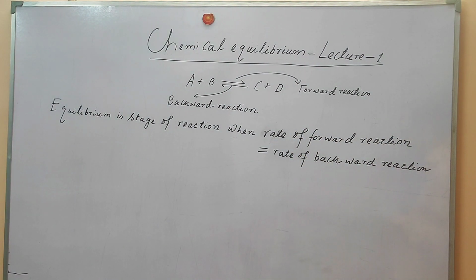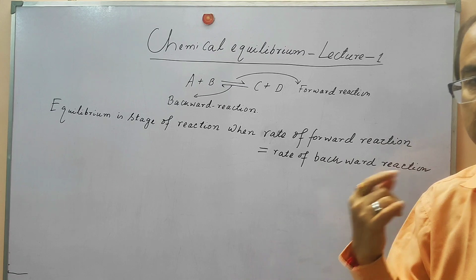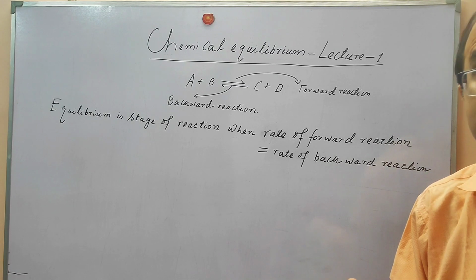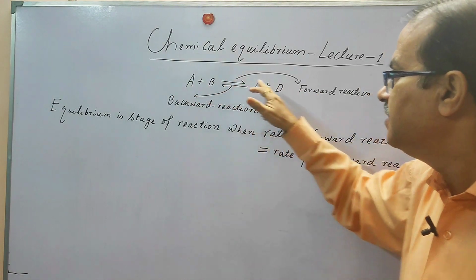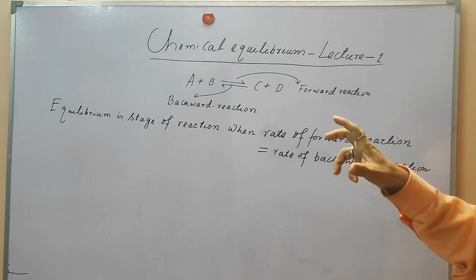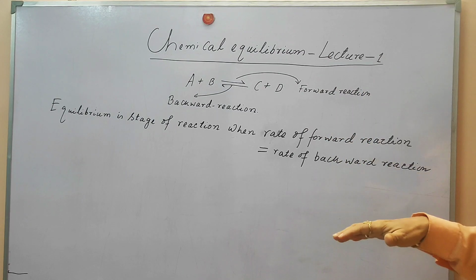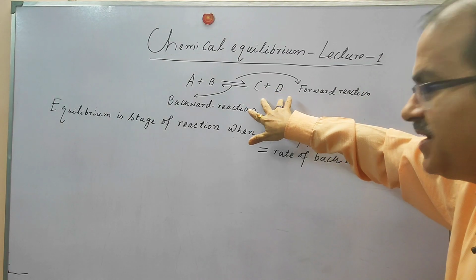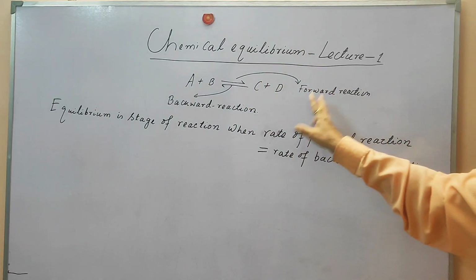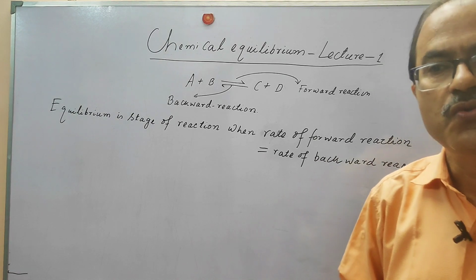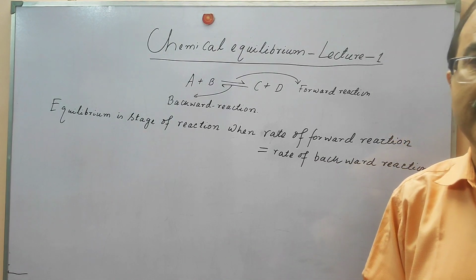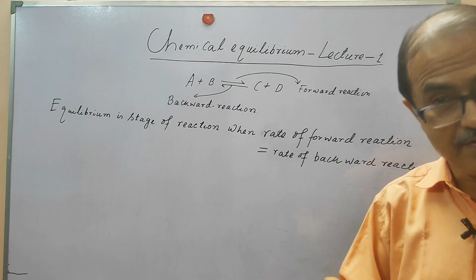We will say the reaction has reached that stage when the rate of the forward reaction, that means when A and B produce C and D, is equal to the rate of the backward reaction, that is, when C and D react with each other and produce A and B. So when the rate of the forward reaction and the rate of the backward reaction are equal, we call it the reaction has reached the equilibrium point.